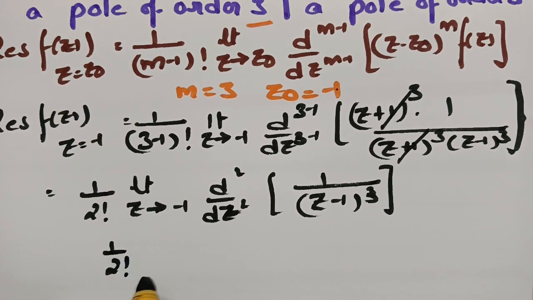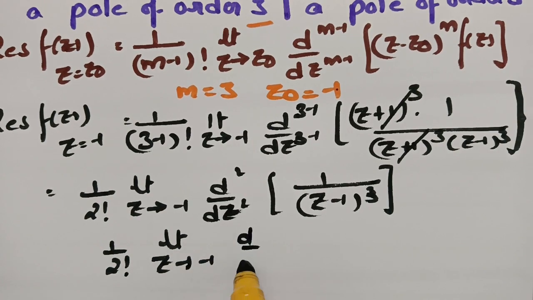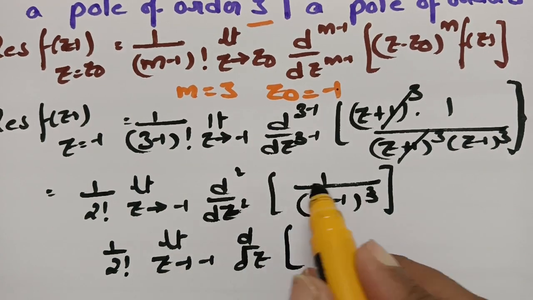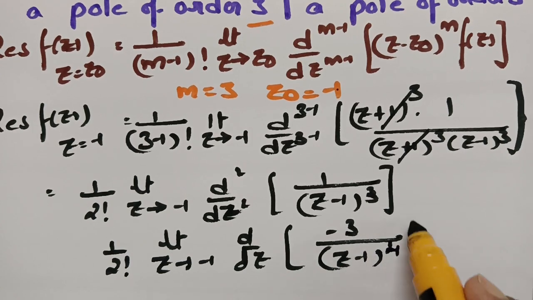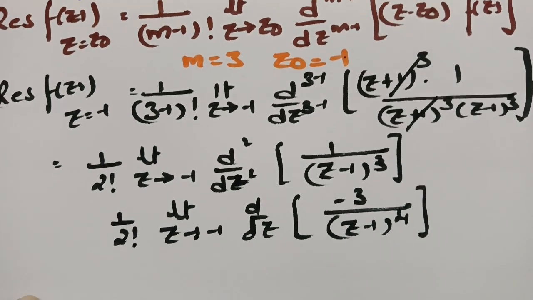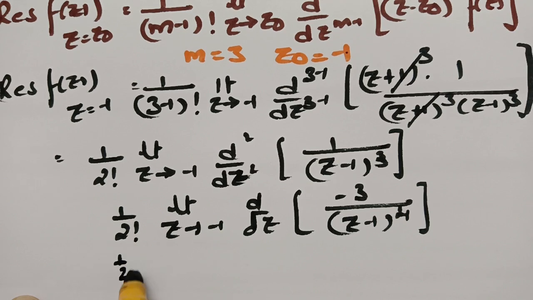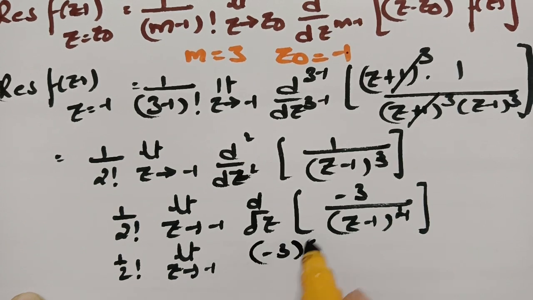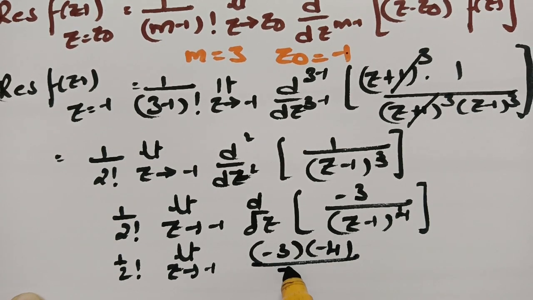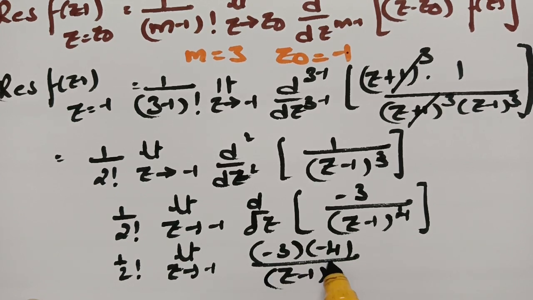If I take the derivative one time, this will be minus 3 by (z minus 1) power 4. Clear? And if I take the derivative another time, limit z tends to minus 1, this will be minus 3 into minus 4 by (z minus 1) power 5.